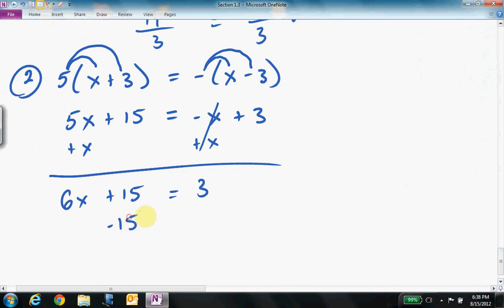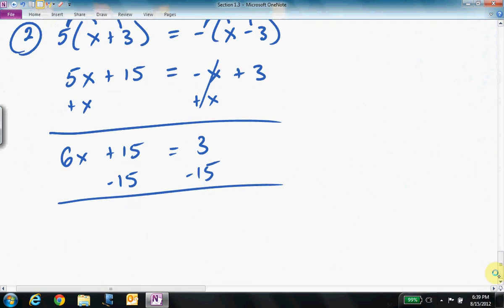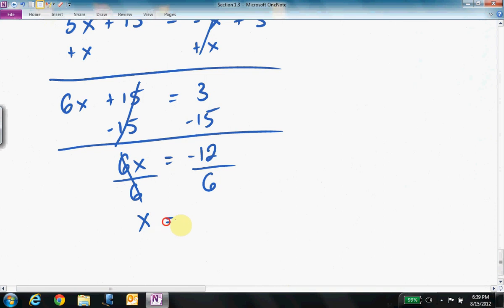So I'm going to subtract 15 from both sides. And I'm going to get 6x equals negative 12. Divide both sides by 6. And I get x equals negative 2. Much nicer to work with here on our check than the fraction.